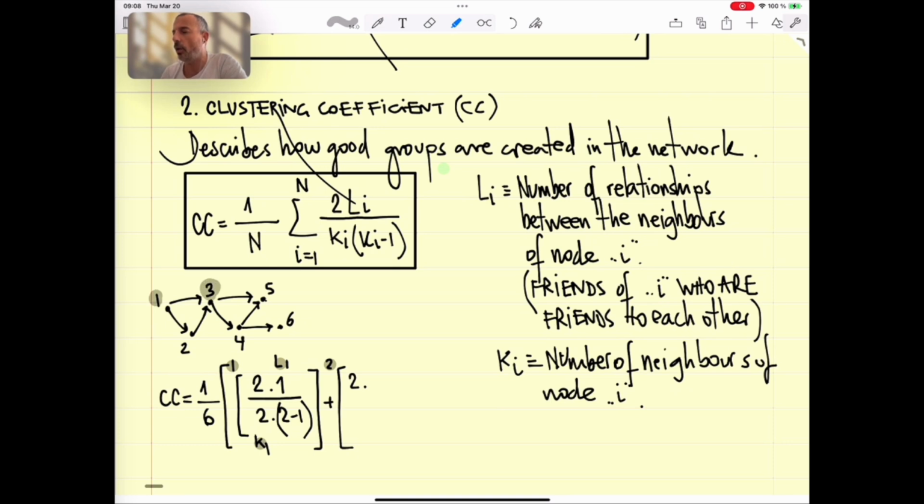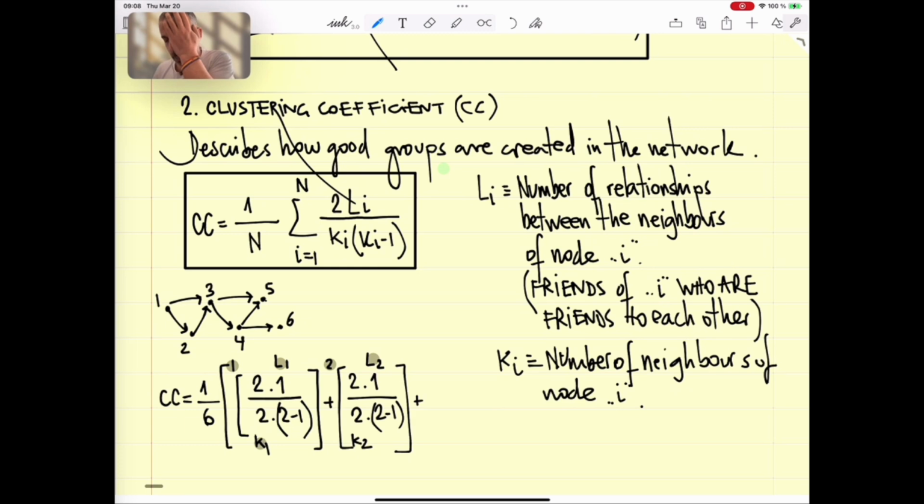How many connections between them? 1. So L2 is 1, divided by the number of neighbors of node 2 times 2 minus 1. All right?